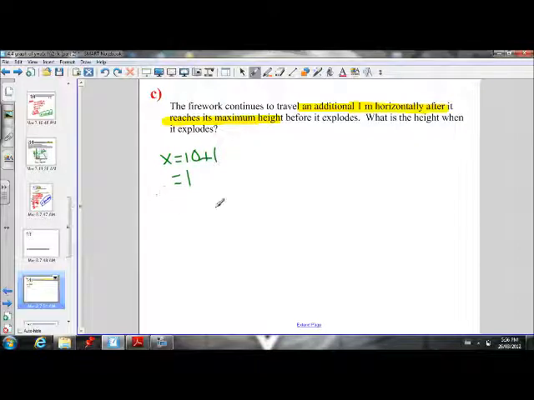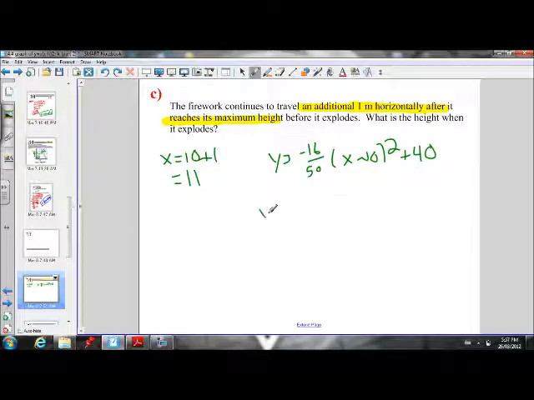Okay, so the question is asking us, what is the height? So what is y when x is 11? So let's remember our equation was y equals negative 16 over 50 times (x minus 10) squared plus 40. So if we plug in x equals 11, we plug in 11 for x.